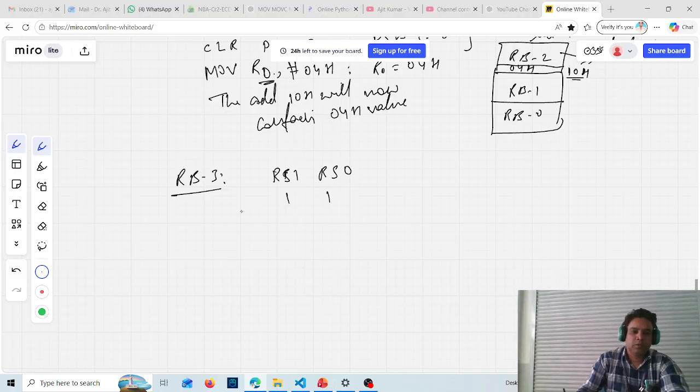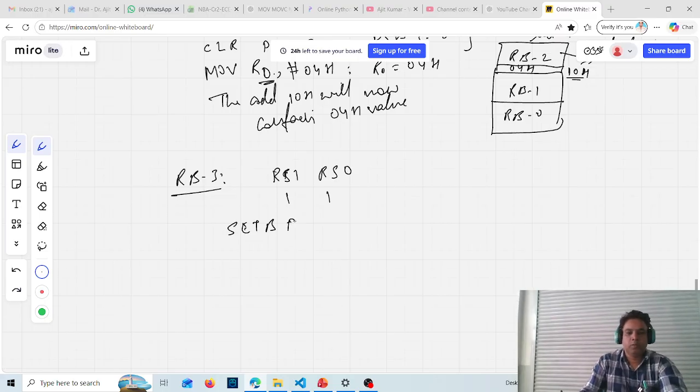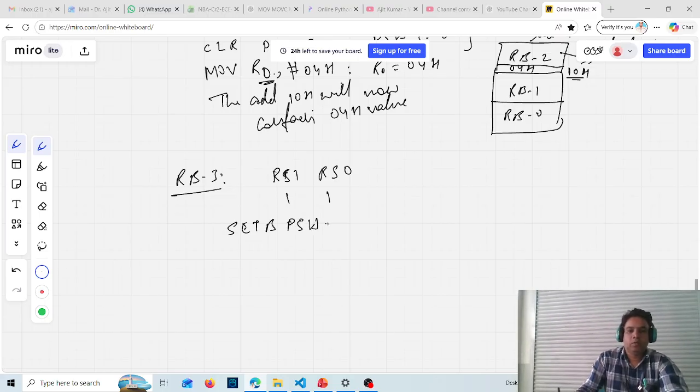So I'll write SETB PSW.4, and then SETB PSW.3. Using these two instructions, these two bits will be set to 1, and then register bank 3 has been selected.